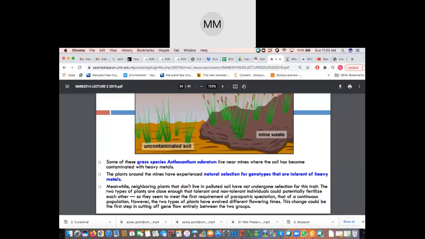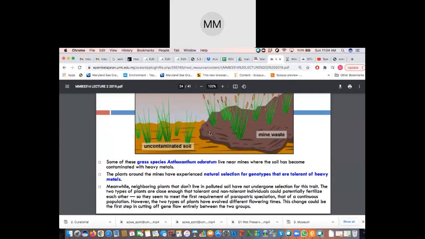So the two types of plants are close enough that tolerant and non-tolerant individuals could potentially fertilize each other. They seem to meet the first requirement of Parapatric Speciation, that of a continuous population. However, the two types have evolved different flowering times. This is interesting.